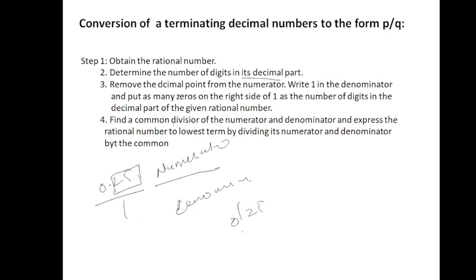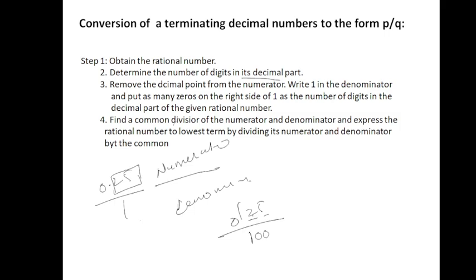Here we remove the decimal point, write 1 in the denominator, and put as many 0s on the right side of 1 as the number of digits in the decimal part of the given rational number. So here we can see 2 and 5 are the two digits after the decimal, and we write 2 zeros on the right side of the 1.